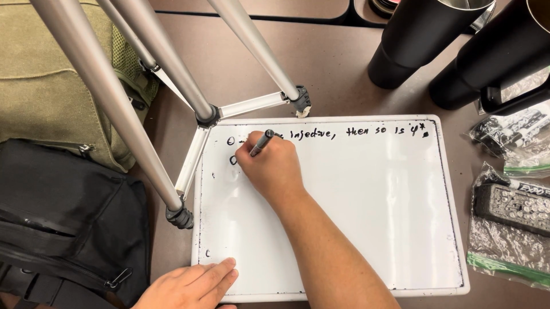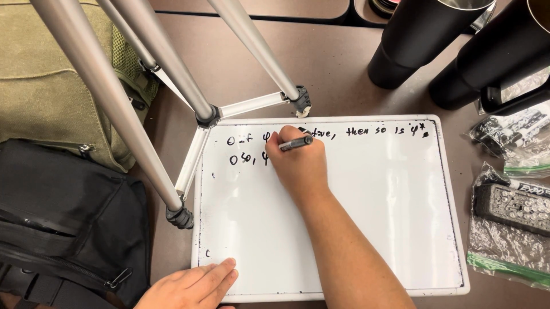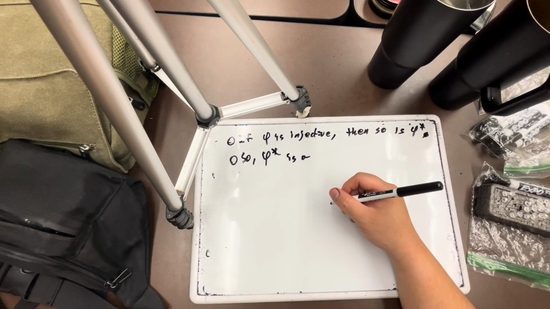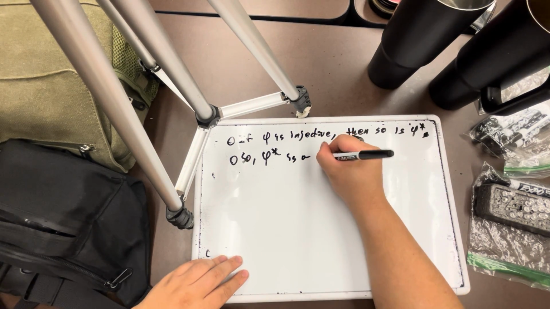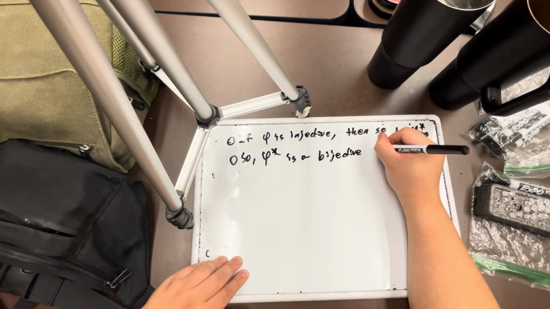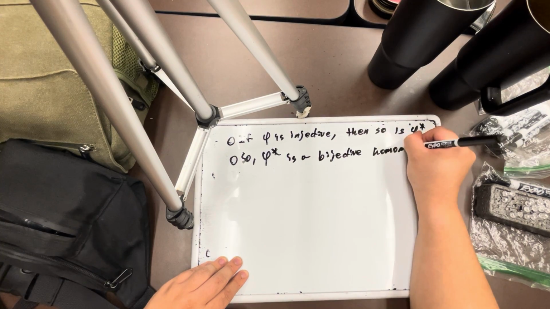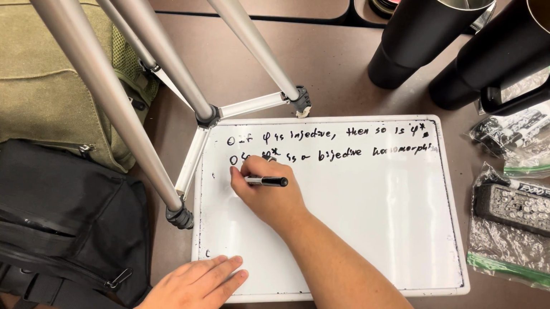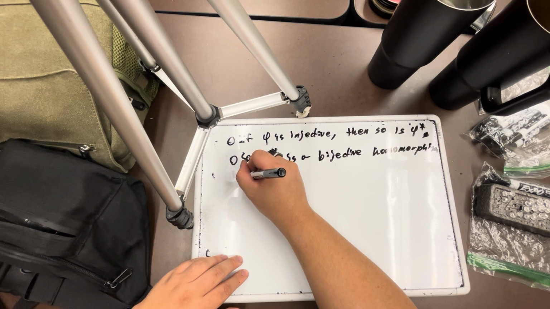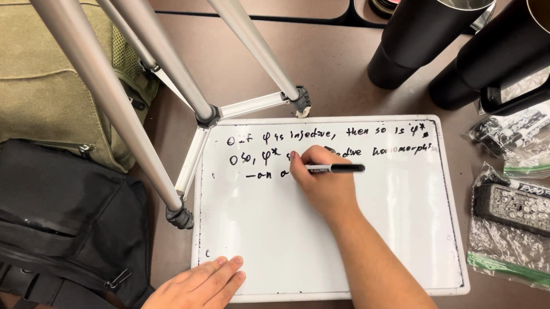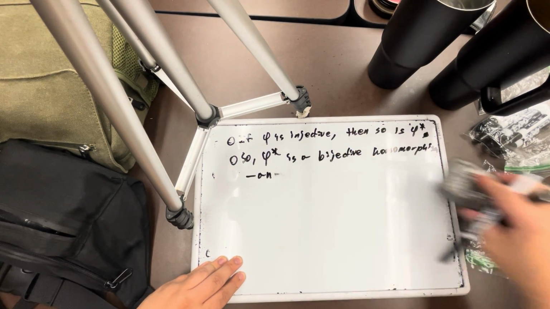So phi asterisk is a bijective homomorphism, also known as an isomorphism.